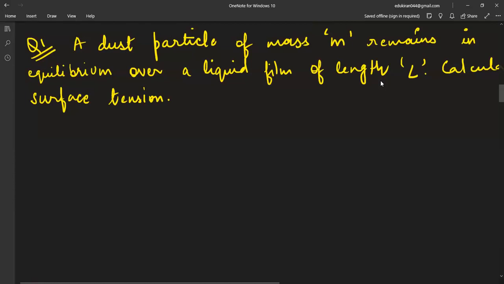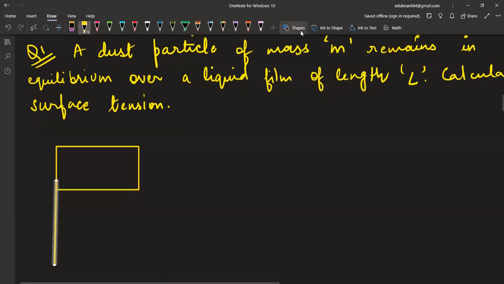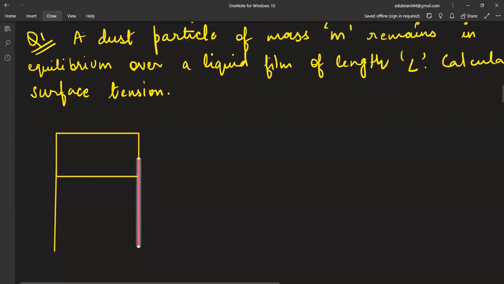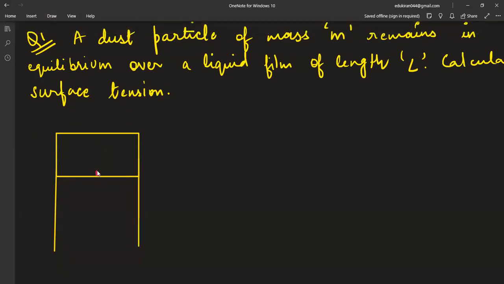A dust particle of mass m remains in equilibrium over a liquid film of length L. Calculate surface tension. It's like a liquid film is there. I'll show you. There's a dust particle and this is a liquid film.